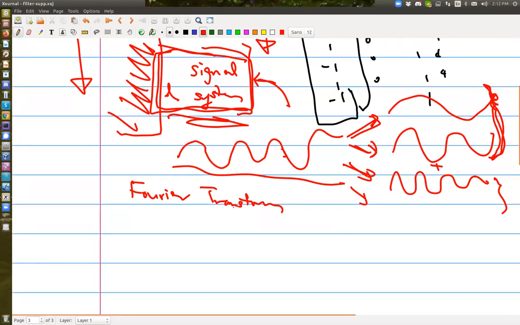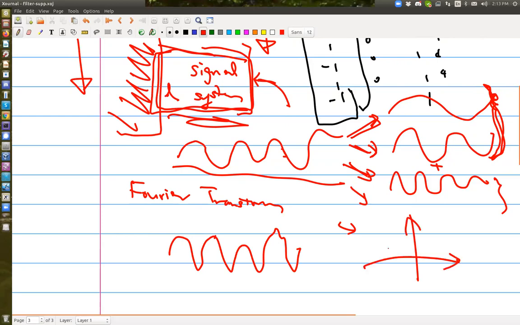Say I have this signal here, and after the Fourier transform you have a representation like this, showing how much energy the signal has at each frequency. For example, at some particular frequency I have high energy, and at even higher frequencies I have no energy.